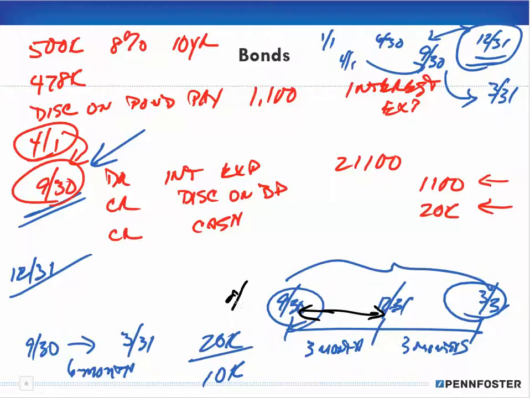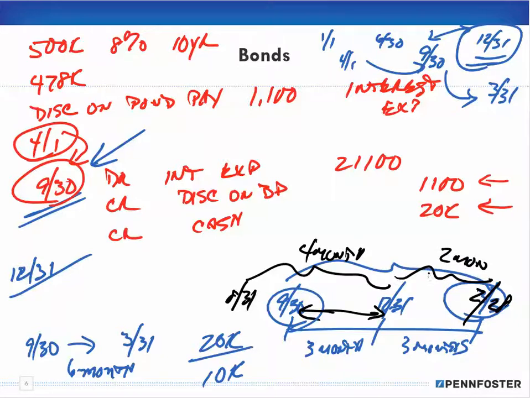Let's say it was August 31st, and so that means this would have been due approximately 2/28. Well, how far is it from August 31st to December 31st? 4 months, and this is going to be 2 months.